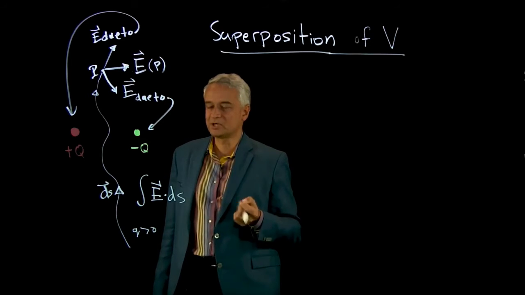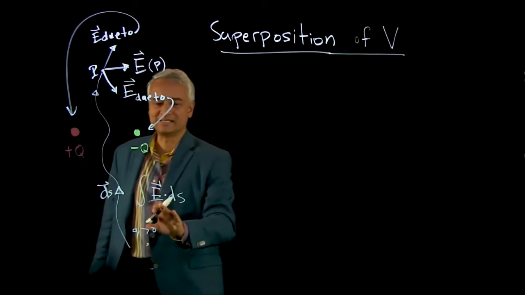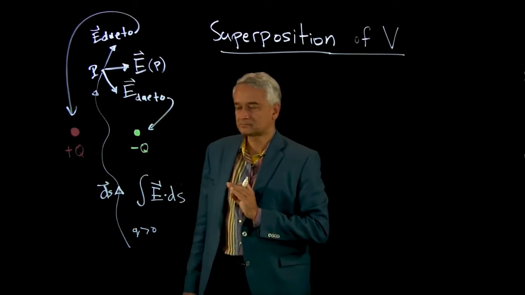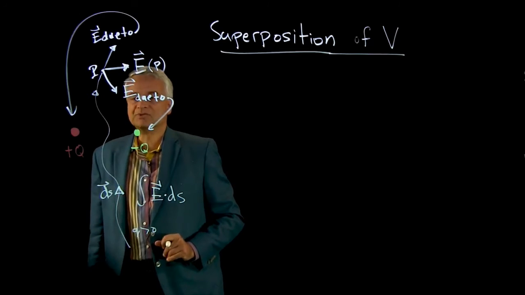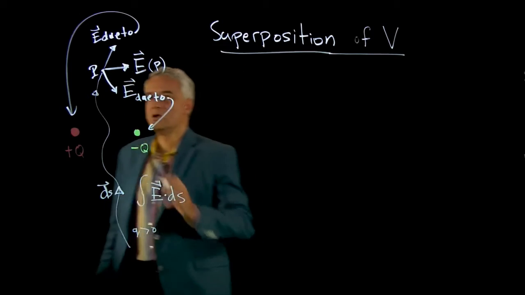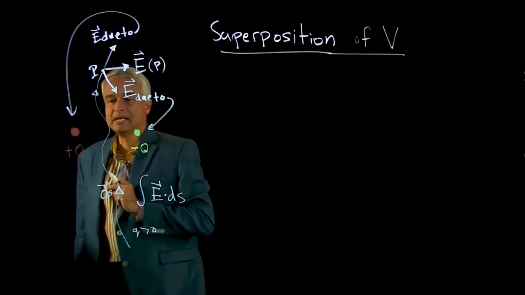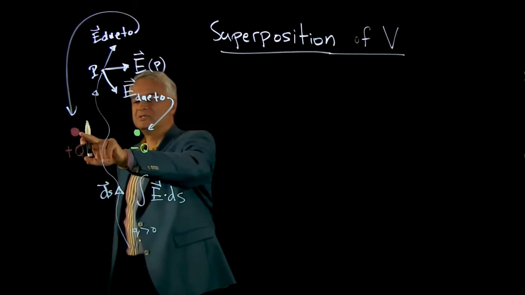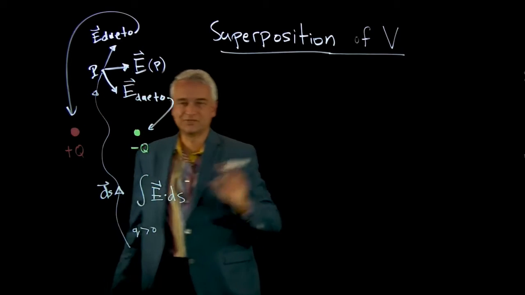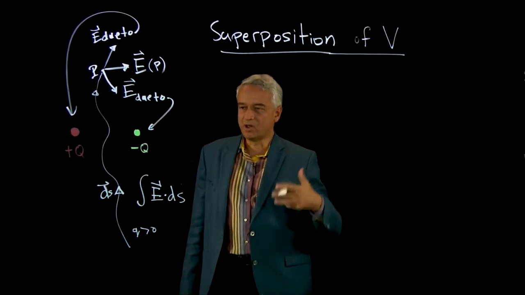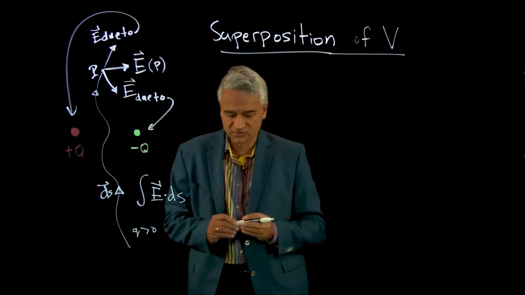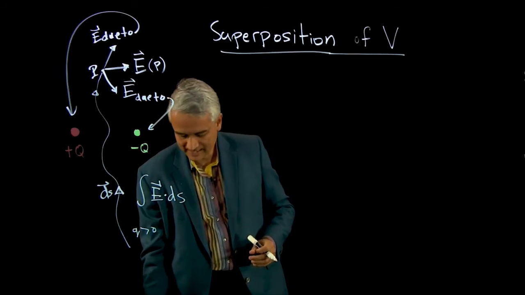I just divide out by the test charge. I will still have something that's linear in electric fields. And so superposition applies. So if I want to know what the potential is at a point P, I add up the potential due to this charge and that charge. That's superposition as applied to potentials, and it all follows from where we started with the superposition of forces.